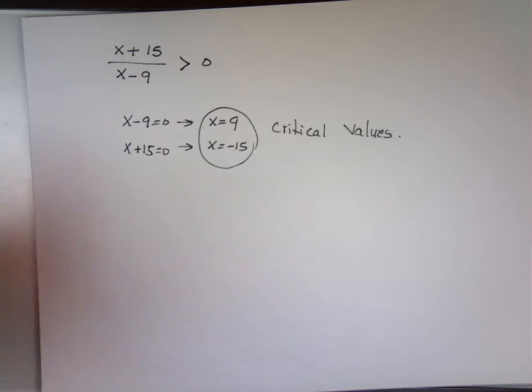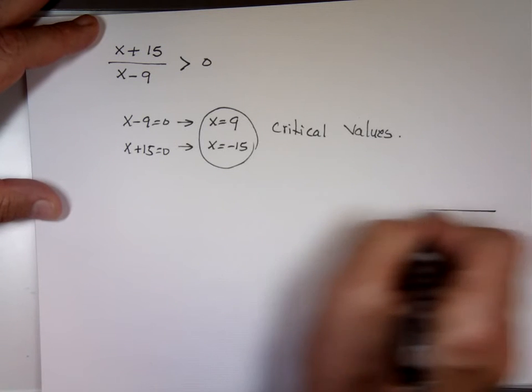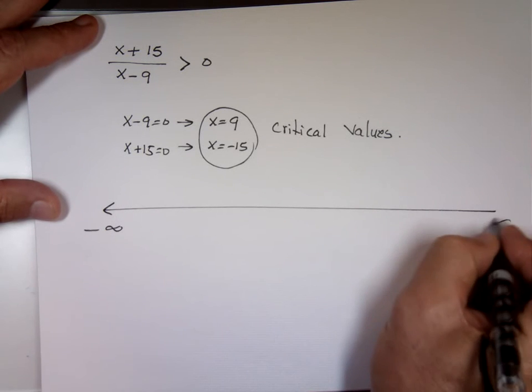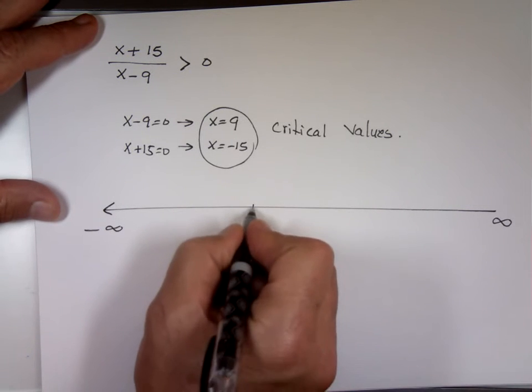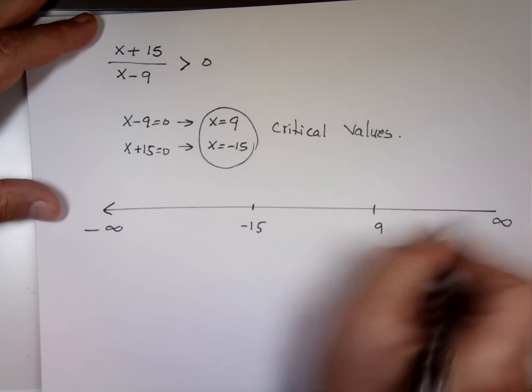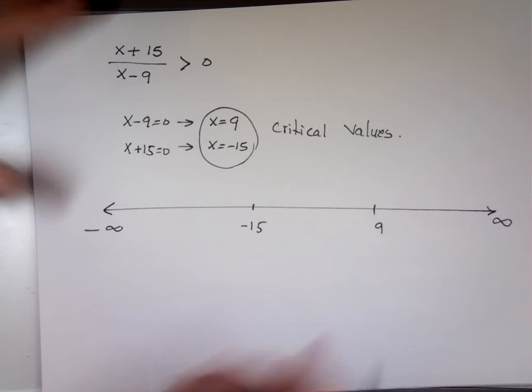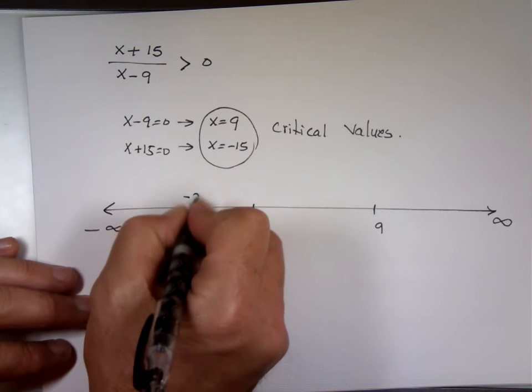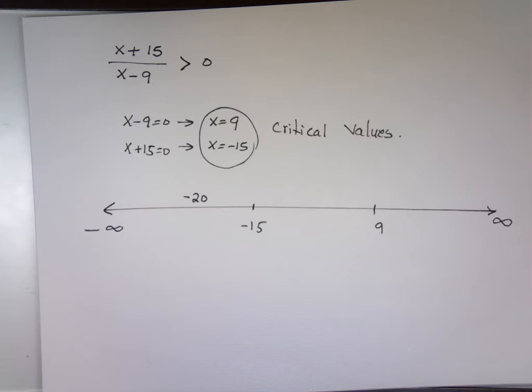Again, you take your test points now. I'll put the negative 15 here. I'll put the 9 here. Less than negative 15. What should we use? Negative 20? What's negative 20 plus 15?